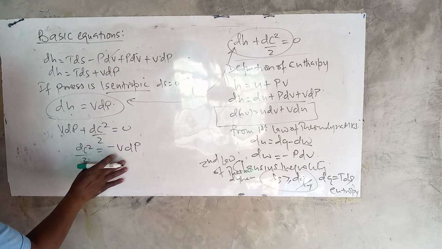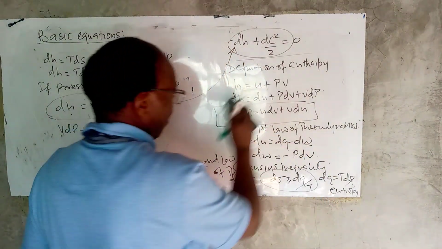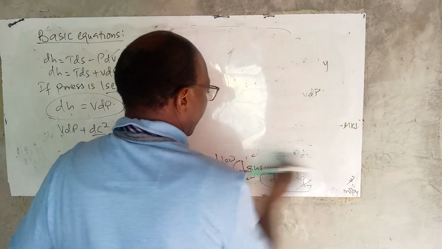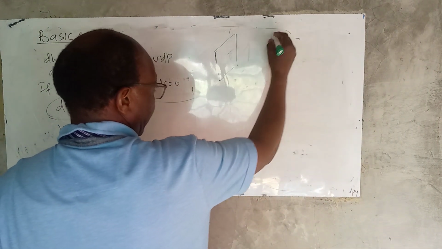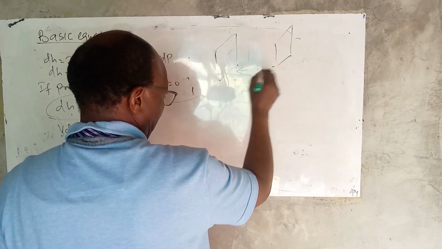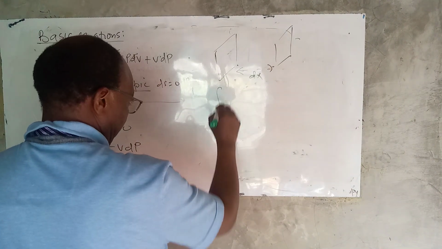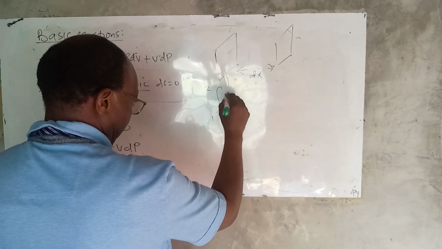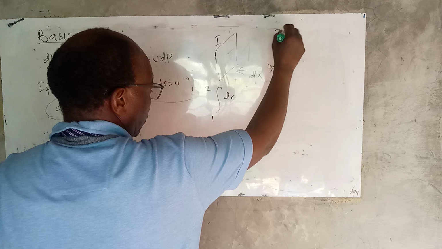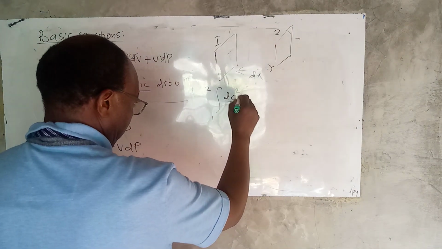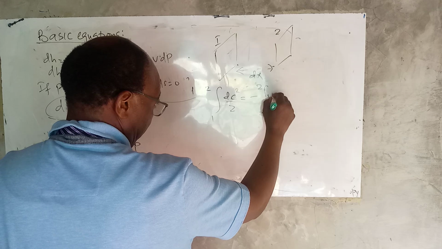If we assume that there's a flow between two planes which are separated by an infinitesimal distance, then in that particular case, the flow between them will be the integral from plane 1 to 2, where 1 and 2 represent the planes, of d(c squared over 2), which will be equal to minus the integral from 1 to 2 of VdP.